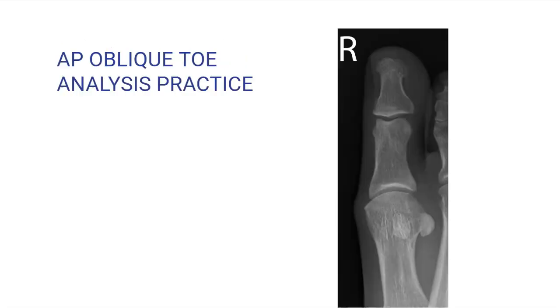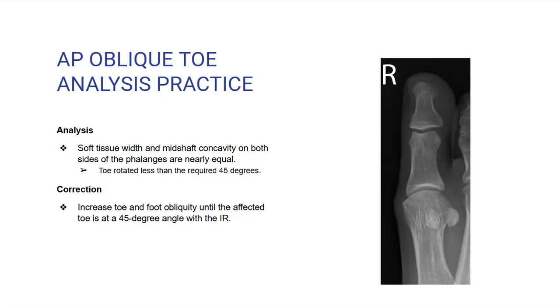Go ahead and review this first practice analysis for the oblique projection and answer the following question. Let's review this practice analysis together. In this AP oblique toe projection, you can see that the soft tissue width and midshaft concavity is demonstrated nearly equal on both sides. This indicates that the toe is rotated less than that required 30 to 45 degrees.